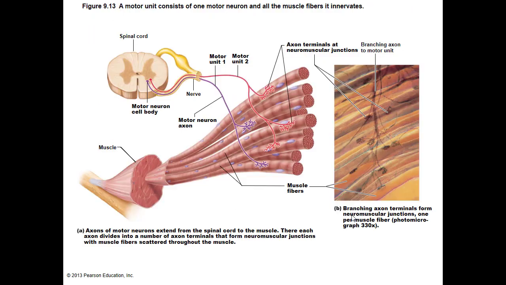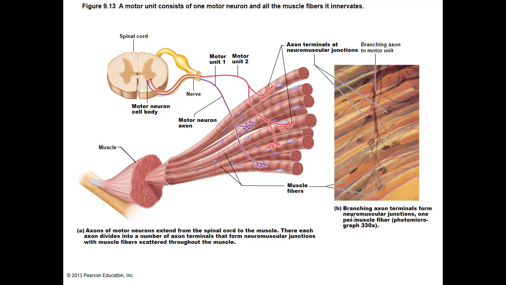Now, this is to show I've got two motor units. A motor unit is one neuron, one cell, and the muscle fibers it controls. We're just looking at the muscle, but we're going to go internal, and there's, I don't know, like 8 or 9 muscle fibers up here. Motor unit number 2, that's one neuron, one motor neuron, is going to branch several times, and it's going to control 3 fibers, just 3 cells in the whole muscle itself.